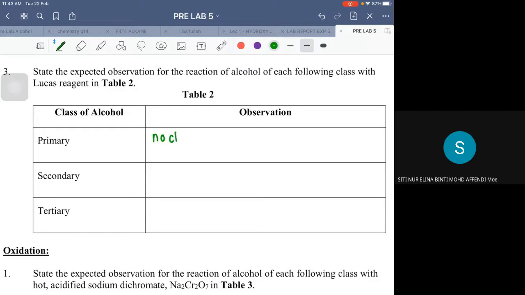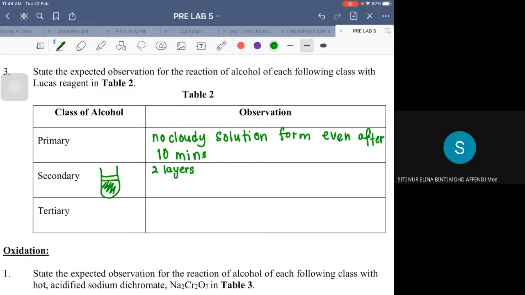No cloudy solution form, even after 10 minutes. Okay, yang ni you boleh nampak 2 layers form. Tadi kan ada macam cloudy tu kat sini. Cloudy kat sini. Lepas tu you nampak ada satu lapisan jernih kat atas tu. Okay, so there are 2 layers form. Nanti kita tengok apa yang 2 layers tu.